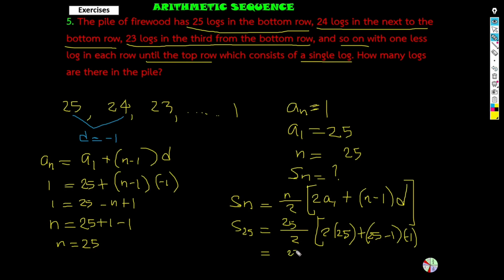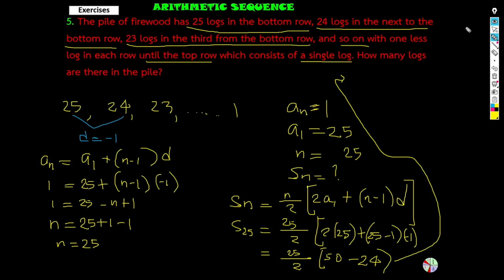25 over 2, and then 2 times 25 is 50, plus 25 minus 1 is 24, times negative 1, that's negative 24. We transfer this to the other side.